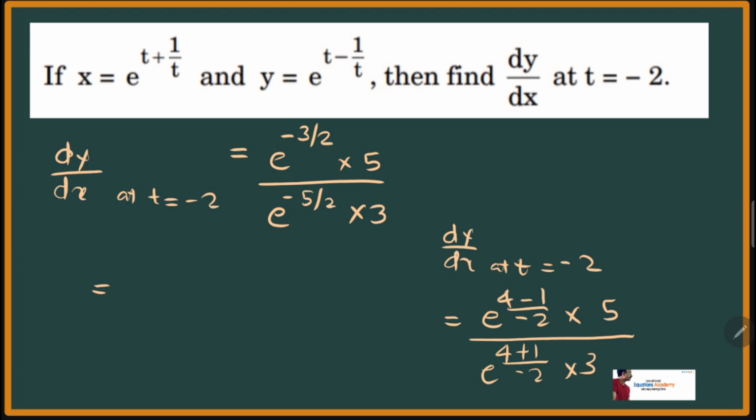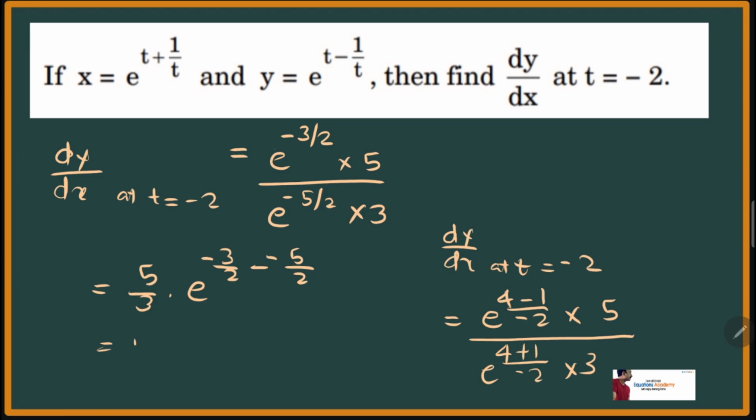This is equal to 5 by 3 into e raised to minus 3 by 2 divided by e raised to minus 5 by 2. This becomes minus 3 by 2 minus minus 5 by 2.